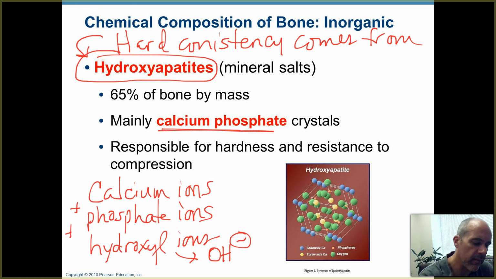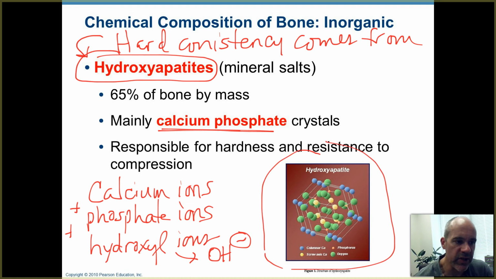And this is an image I pulled off of the internet, which just shows you the arrangement. The blue and the yellow circles or spheres on there, those represent calcium ions. In orange, those are phosphorus atoms that are located in there, and in green, those are oxygen atoms that are located there within these crystals.